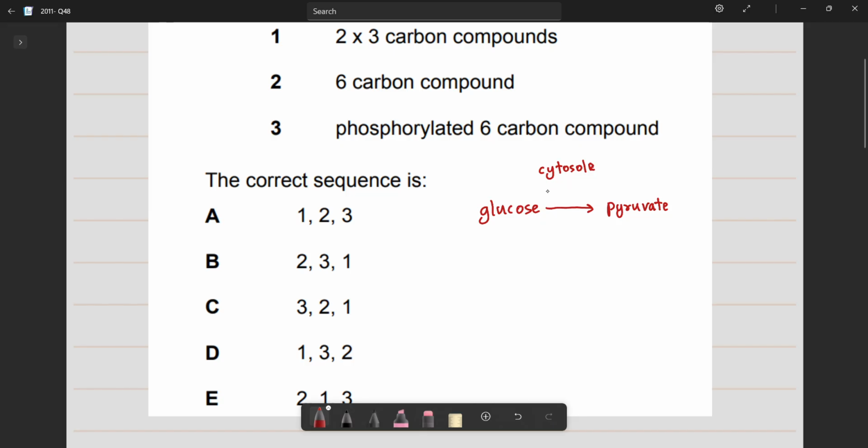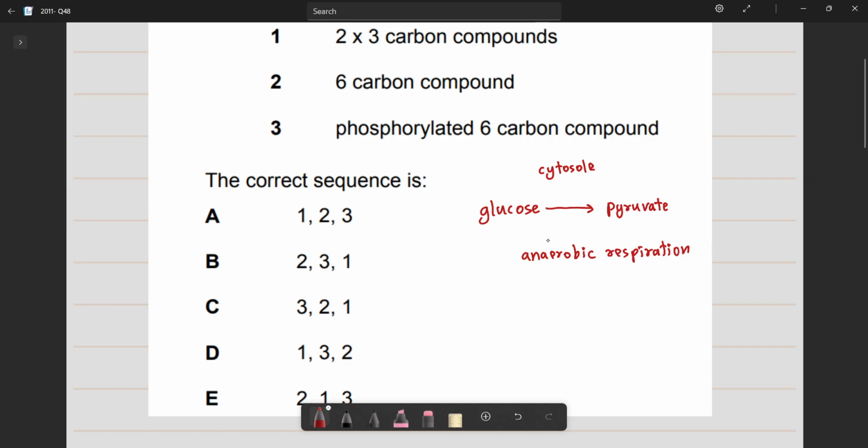It does not happen inside the mitochondria, but this product is important to be used in other cellular reactions to produce more ATP. This process also produces ATP, but quite less, because this process is anaerobic respiration, meaning that it does not require oxygen.